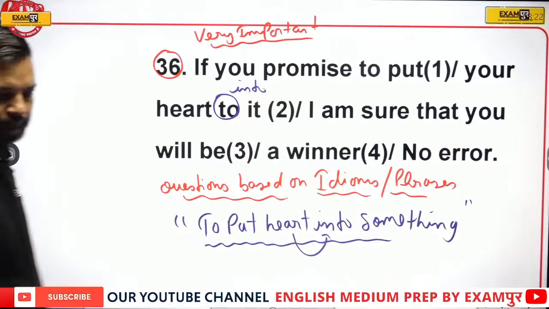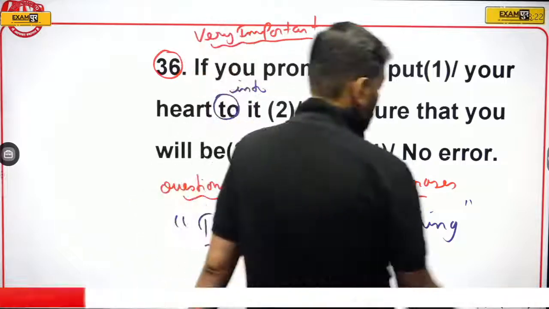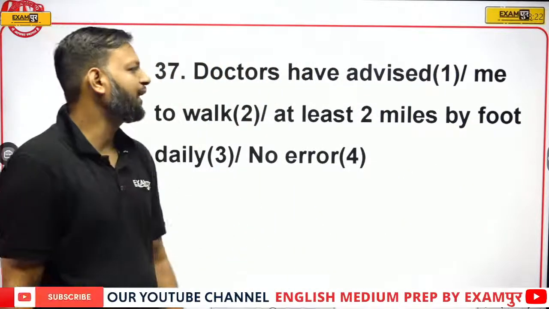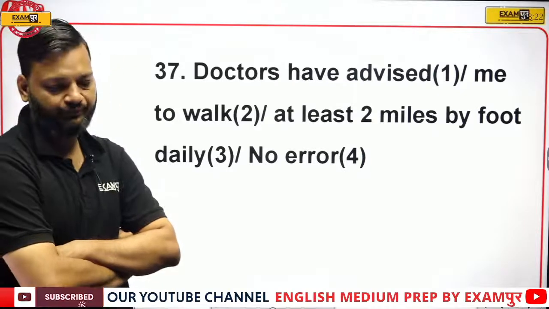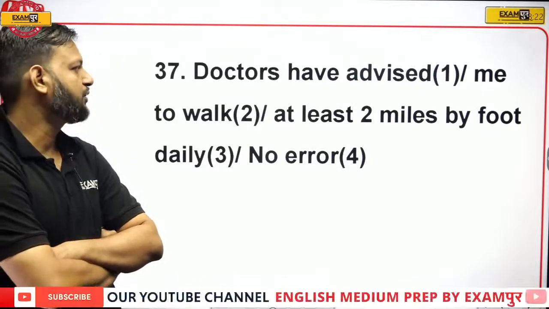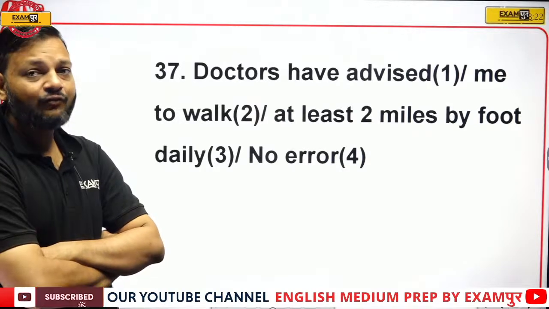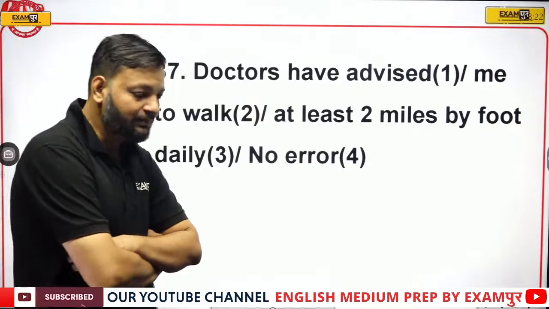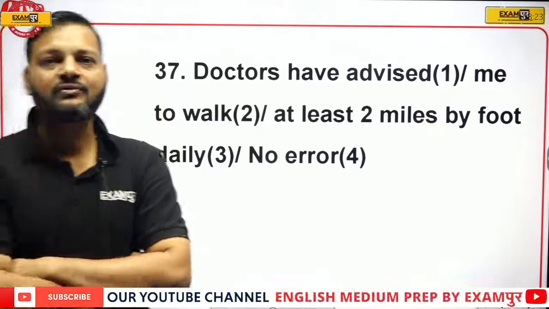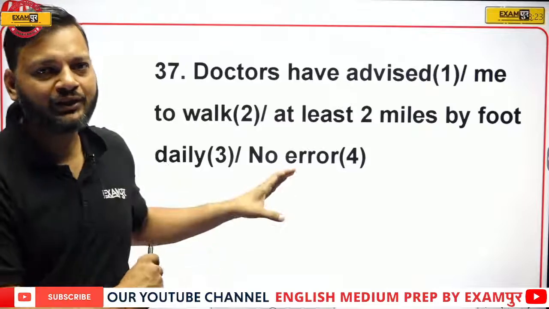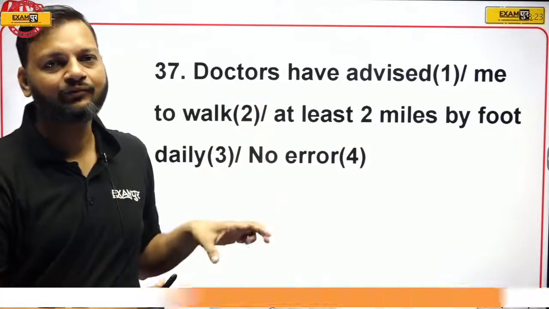Okay, now the next one, question number 37. Doctors have advised me to walk at least 2 miles by foot. Now tell me what is the error. And one more thing I want you to keep in mind, that there is one more option in these questions, and that is no error.